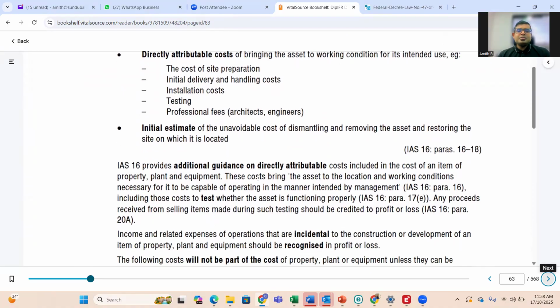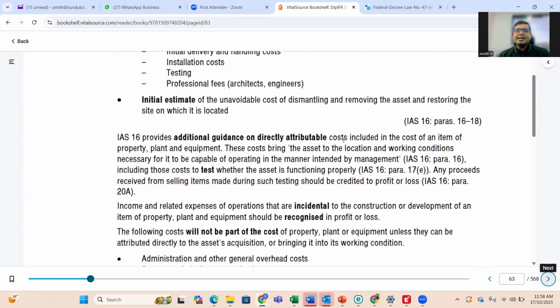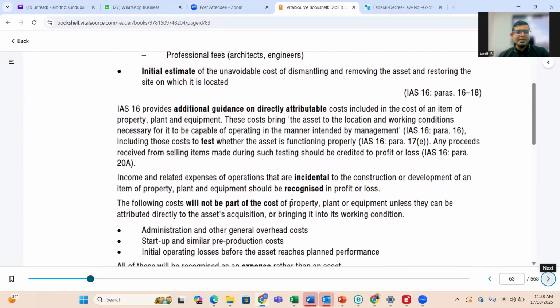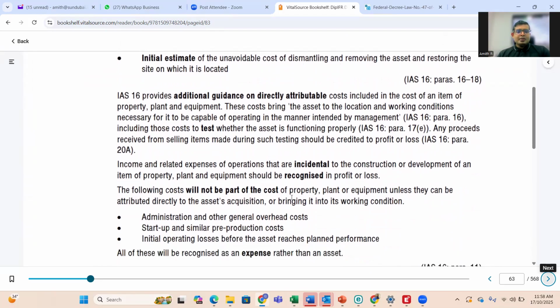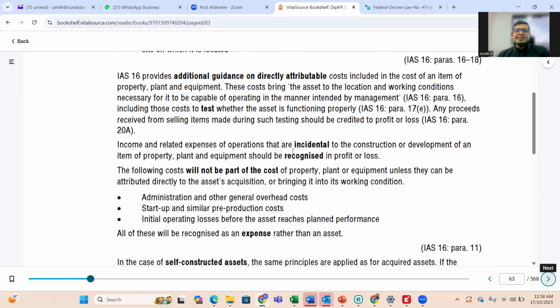Now IAS 16 provides additional guidance on directly attributable cost included in the cost of an item of PPE. These costs bring the asset to the location and working conditions necessary for it to be capable of operating in a manner intended by the management. Any proceeds received from selling items made during the testing, this is okay. Anything that is incidental to the construction or development of an item of property should be recognized in profit and loss.